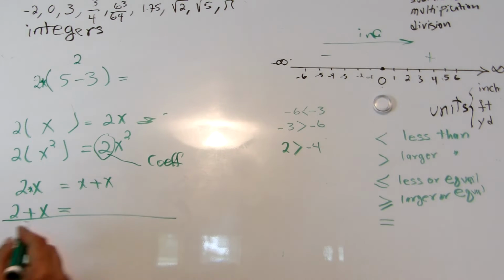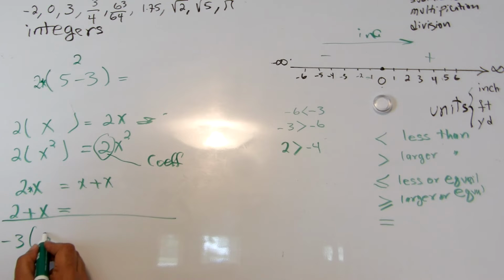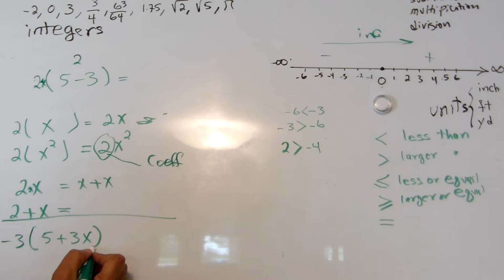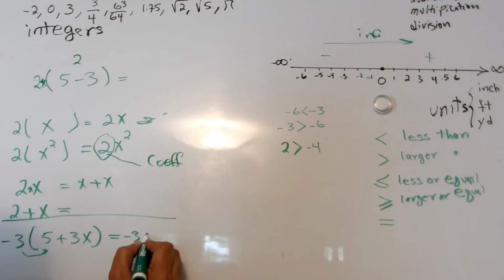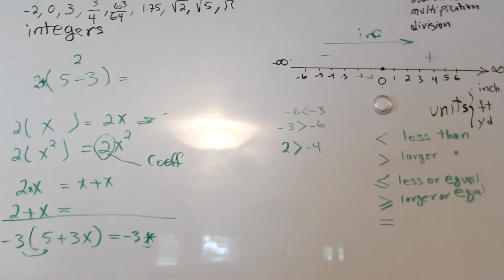Let's give you another example. Minus 3 times (5 plus 3x). What is going to be the result? Minus 3 is going to multiply by this one. First, we write it here. Minus 3 times, I show the multiplication either this way or I use parentheses.